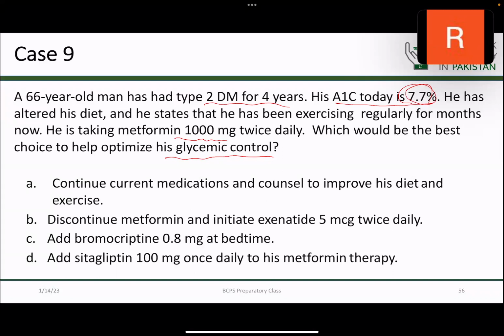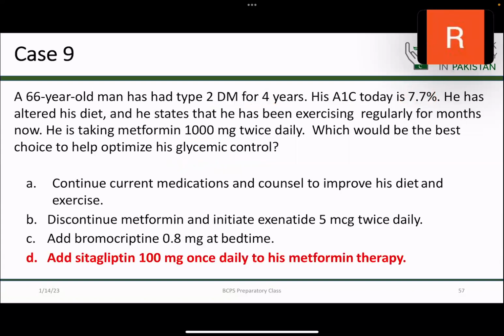But we have to add an agent with metformin. We cannot discontinue metformin in this patient. So the best choice is to add something to metformin therapy. What should we add? It is based on the comorbidities of the patient. The patient has no comorbidities mentioned here, so we can add sitagliptin with metformin. Don't discontinue metformin.